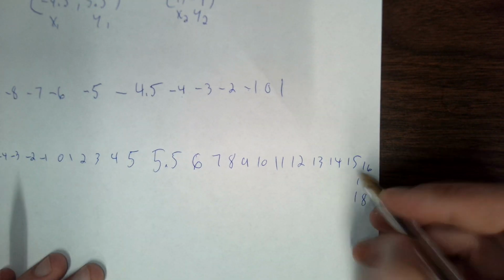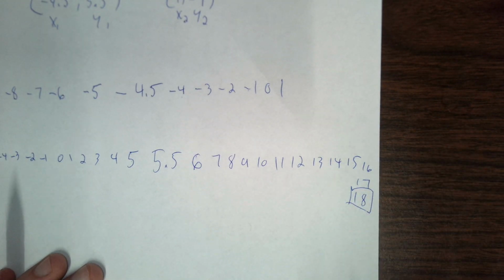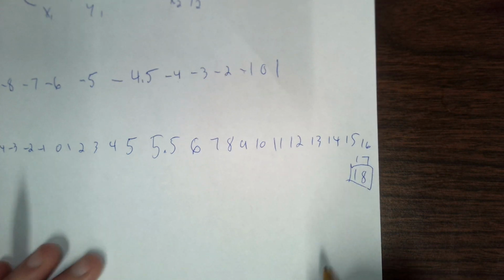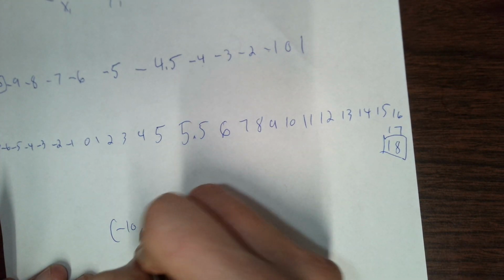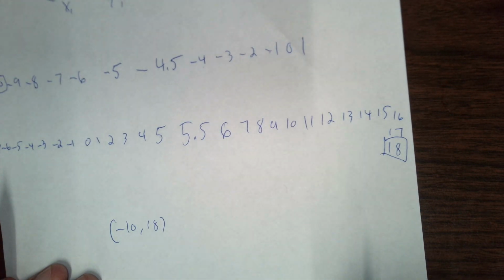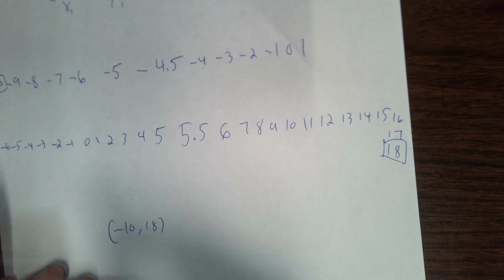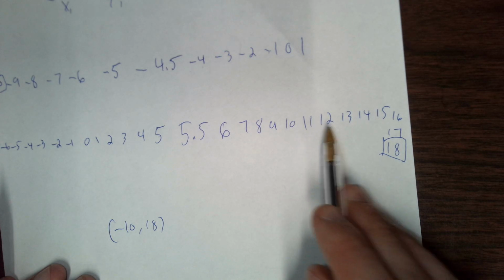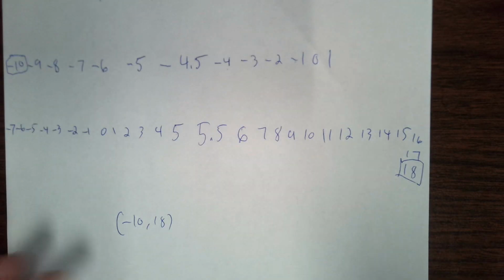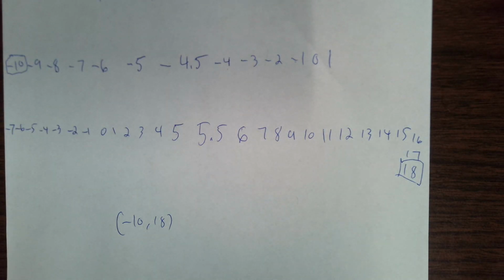So it's going to be at 18. So my answer would be negative 10, 18. Yep, 1, 2, 3, 4, 5, 6, 7, 8, 9, 10, 11, 12, 13. I'm going to double check myself before I click submit, because that was kind of a lot of numbers.